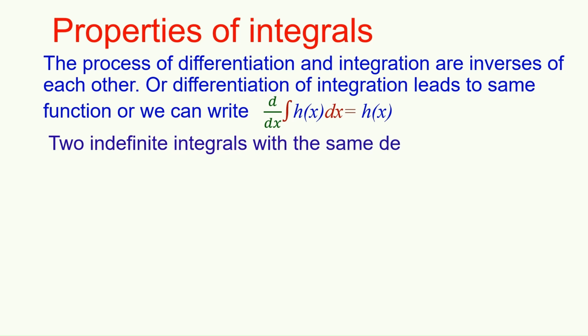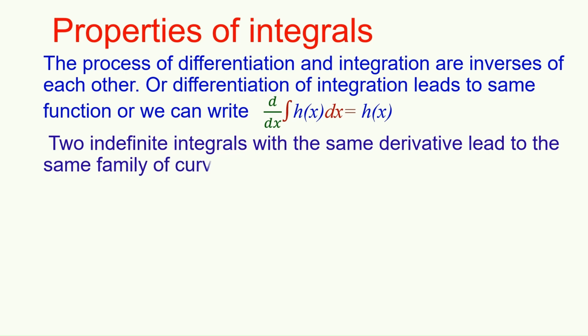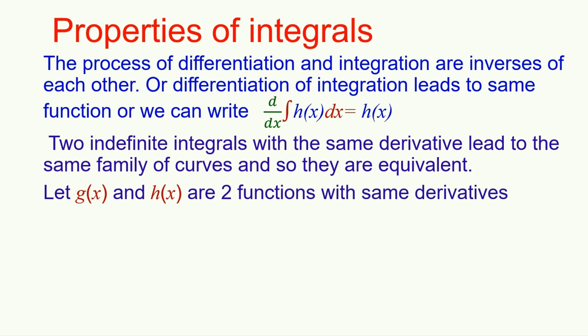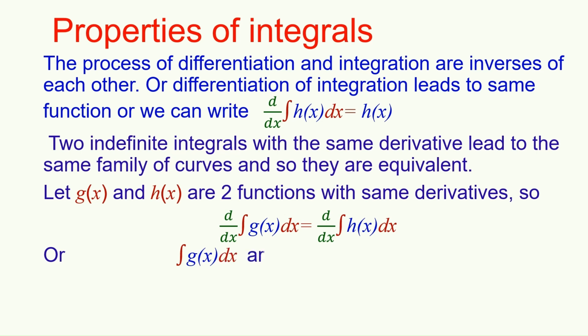Two indefinite integrals with the same derivative lead to the same family of curves, and so they are equivalent. Let g(x) and h(x) be two functions with the same derivatives. So d/dx indefinite integral g(x) dx equals d/dx indefinite integral h(x) dx, or indefinite integral g(x) dx and indefinite integral h(x) dx are identical.